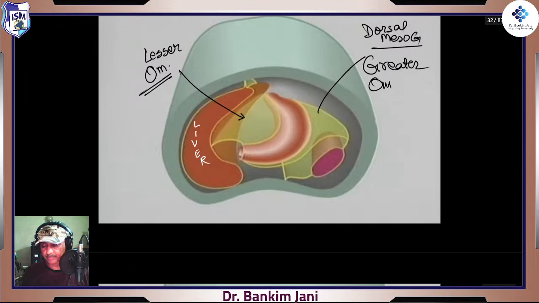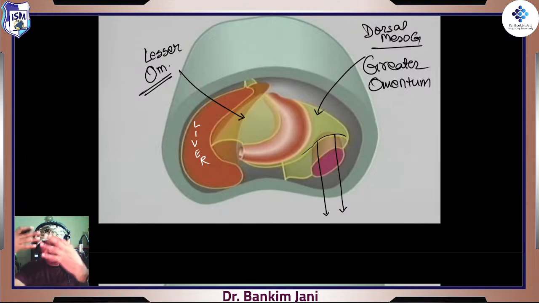From this point till this point, the greater and lesser omentum are almost the same size. But then the greater omentum starts developing downward, huge, so much so that it covers the entire abdomen. When you open the anterior abdominal wall, the first thing you will watch is the greater omentum. That's why it is called the policeman of the abdomen, because it is the first thing you will encounter when you do the dissection.